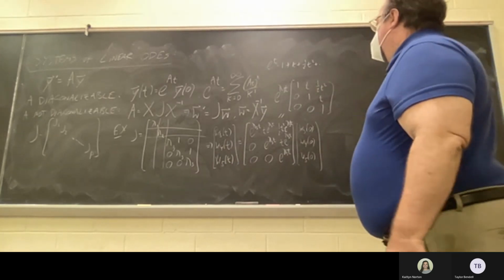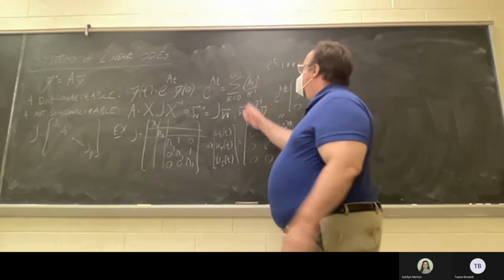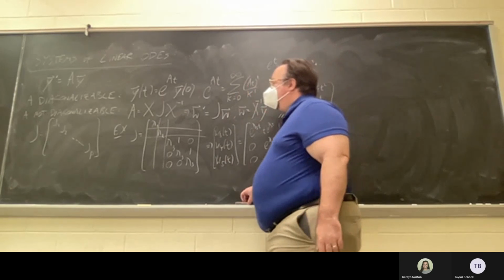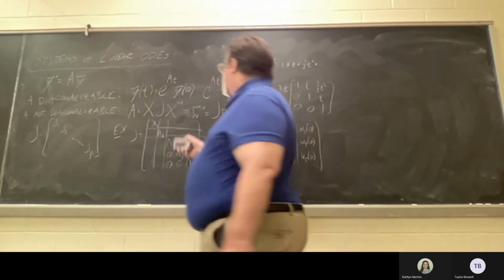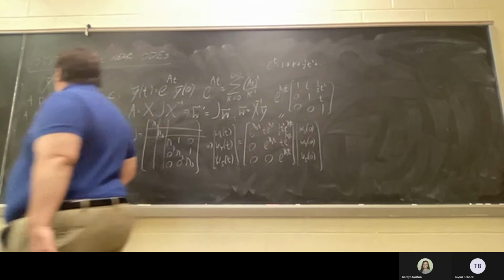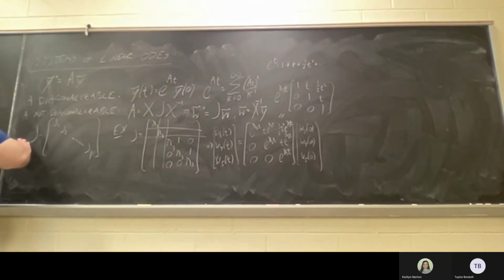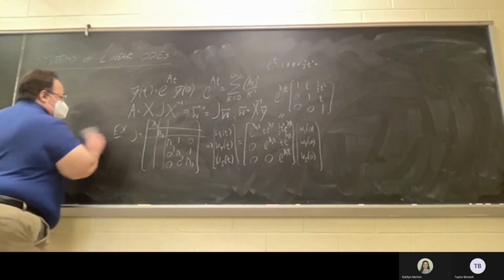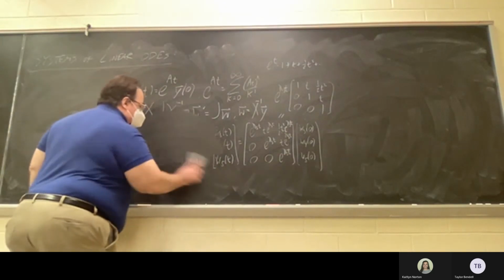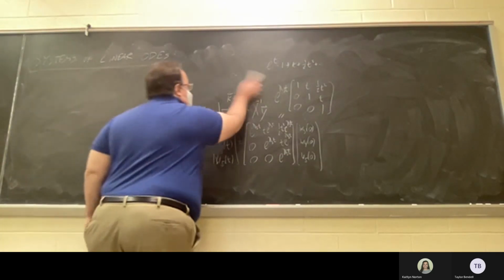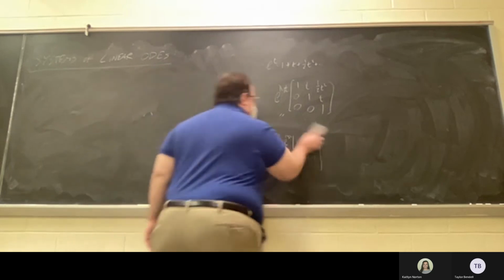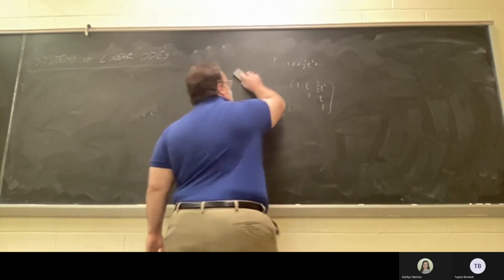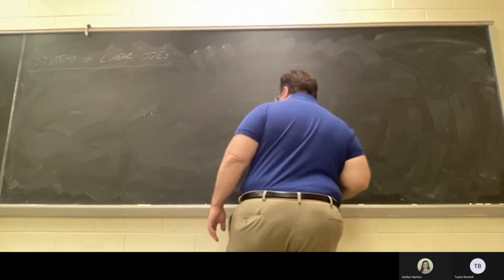Okay, so let's use this definition of the matrix exponential and apply it to this and see what we get. Actually, you know what? No, I'm not going to do that because I already thought about that last time and it would be too difficult.